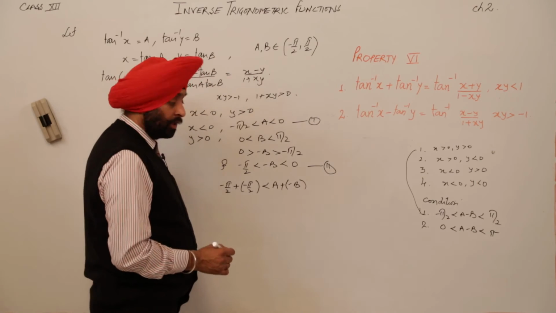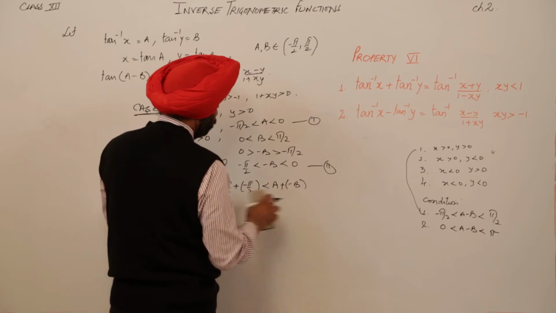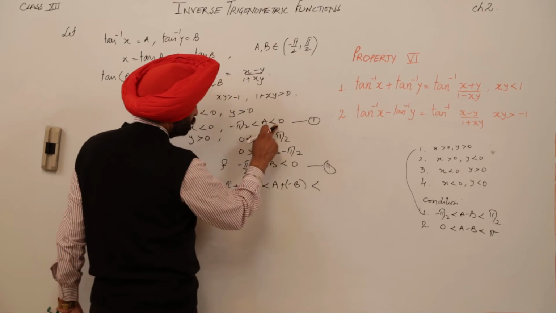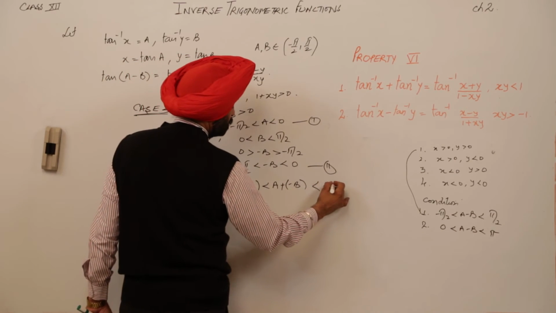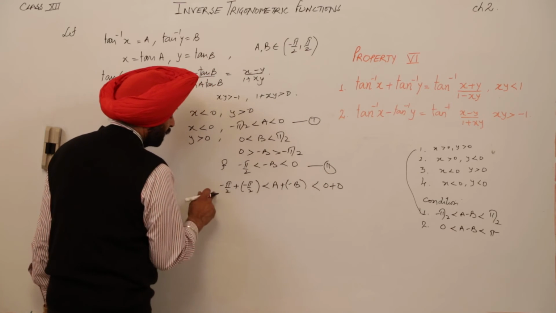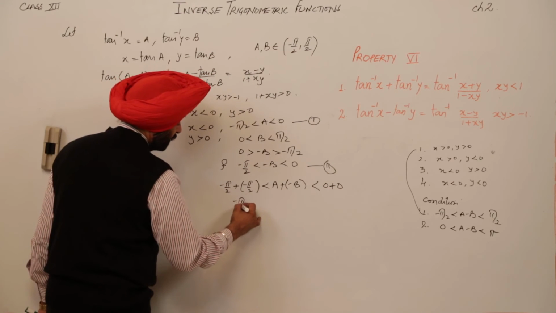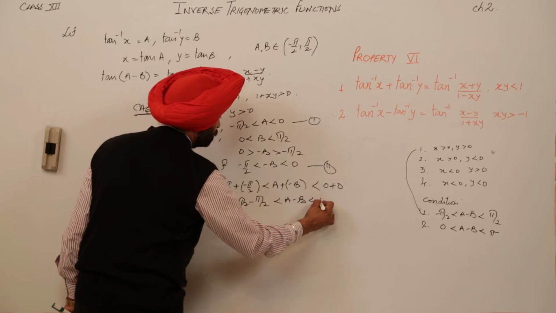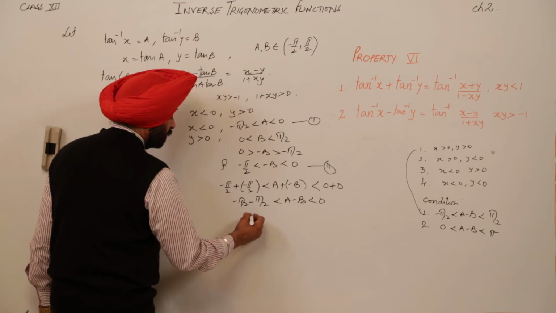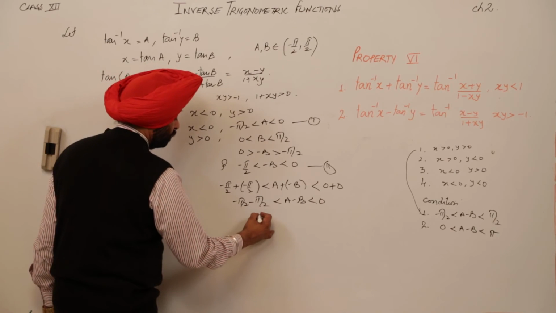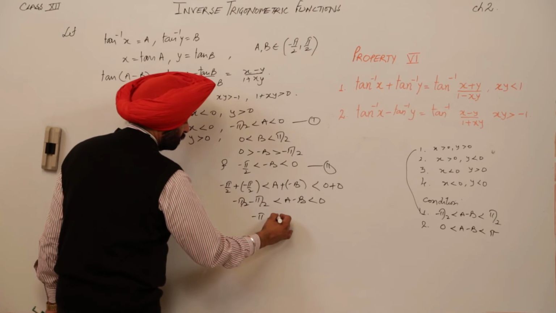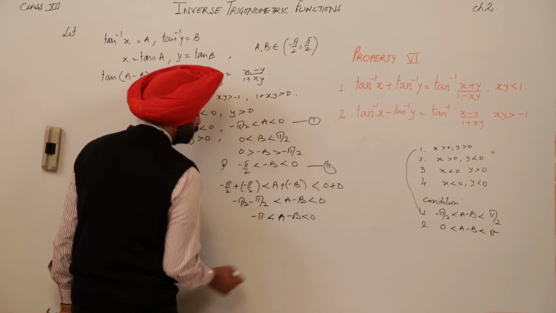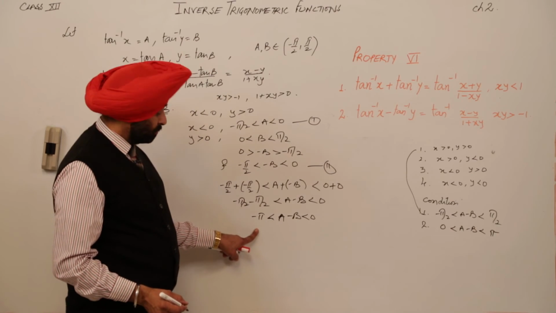When we are solving, let it be like this only, then a is 0 and here it is also 0, 0 plus 0. So we are getting minus pi by 2 minus pi by 2 is less than a minus b is less than 0, and minus pi by 2 minus pi by 2 is minus pi. So minus pi is less than a minus b is less than 0. So here we are getting this condition.